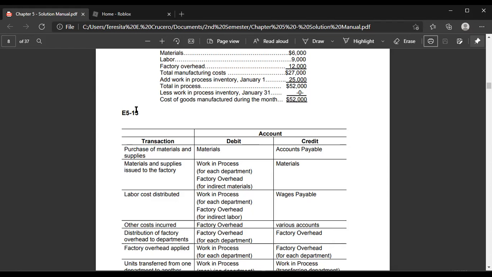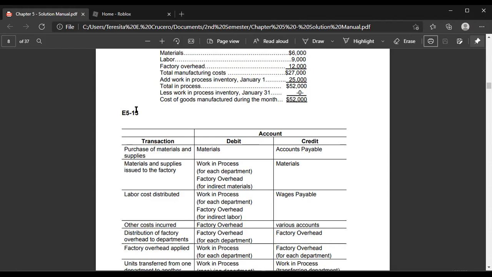Next, for number five, distribution of factory overhead to departments. So we debit factory overhead for each department that you have to distribute to. You now credit factory overhead.